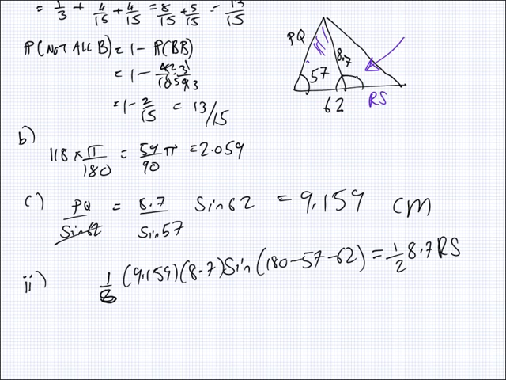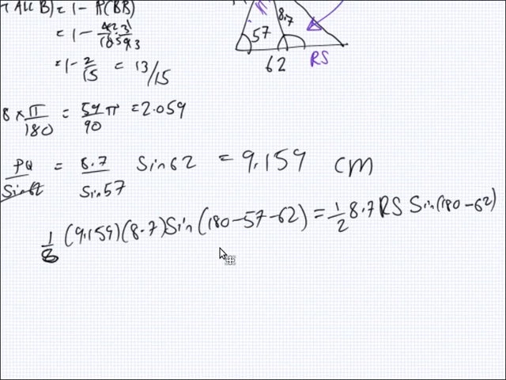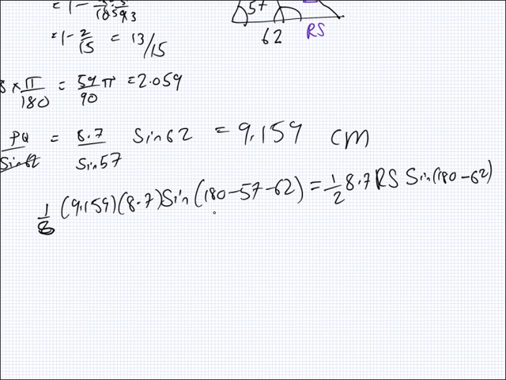times sine of this angle. Now we know what that angle is: it'll be sine of 180 minus 62. I know it's very messy, but we have the answer directly. I can cancel that with that, and that with that, to make a quarter. Sorry about this.